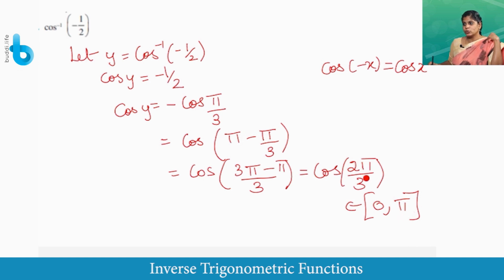So obviously 2 pi by 3 lies between this range. Hence the principal value is y equal to 2 pi by 3, which belongs to 0 to pi. Okay, next we'll go for the next question.